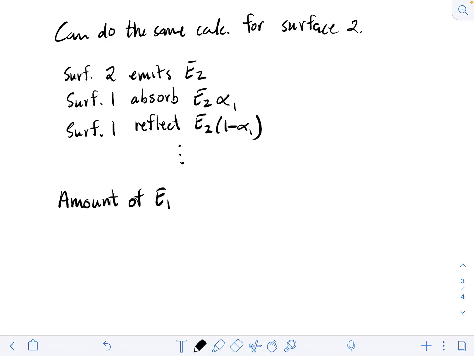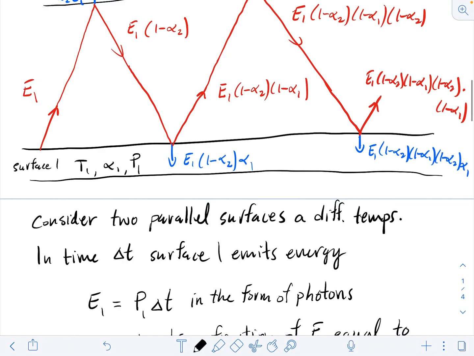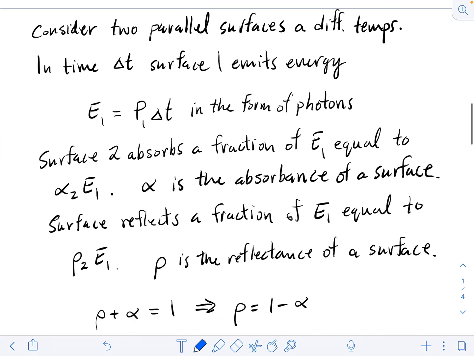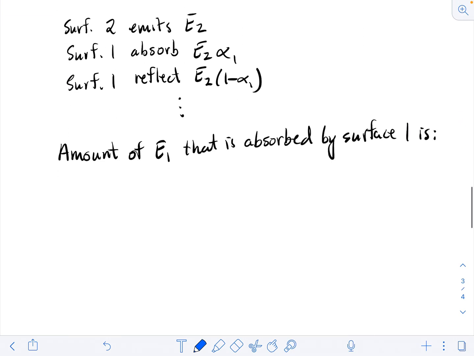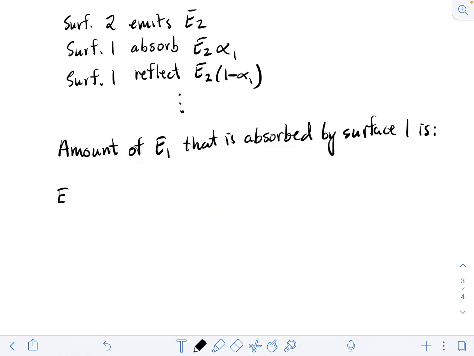So what we could do is we could say the total amount of the energy E1 that is absorbed by surface 1 is... Okay, now it's useful to go back to our picture here, and the amount of energy absorbed by surface 1 is this term added to this term added to all the other parts that we didn't write down. Okay, and so let's just start writing down all those contributions.